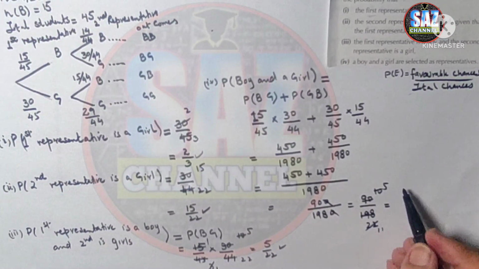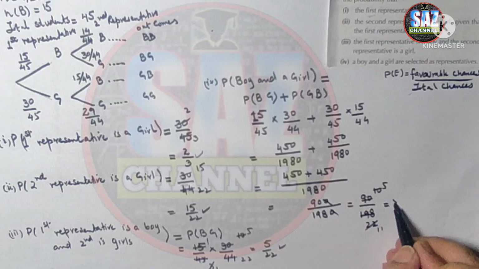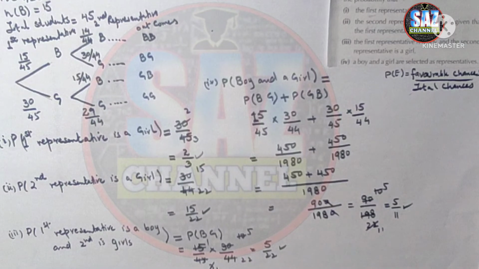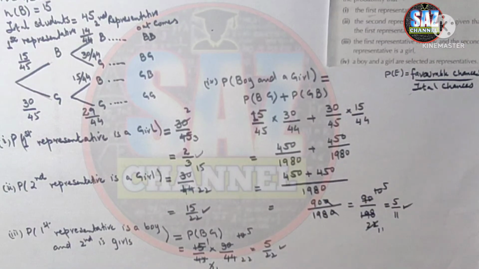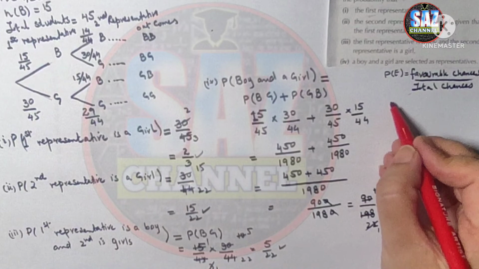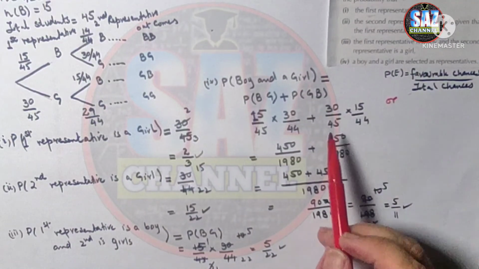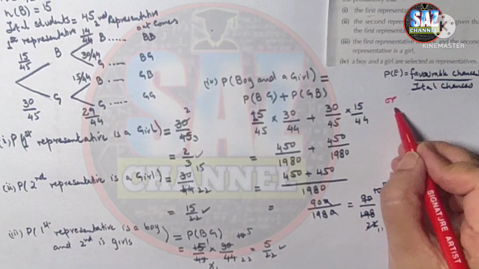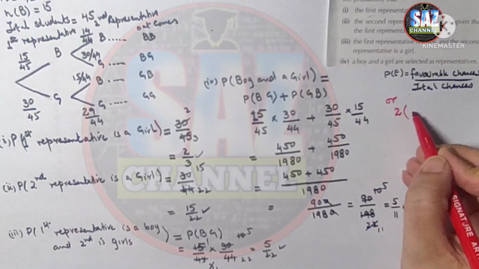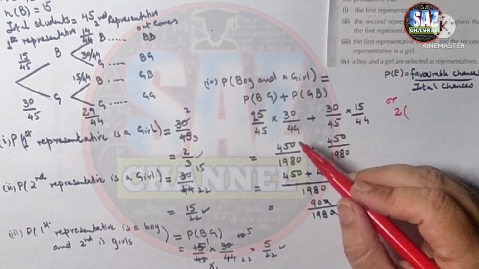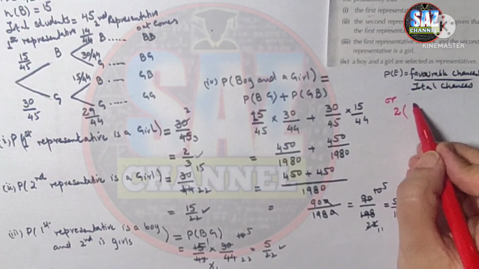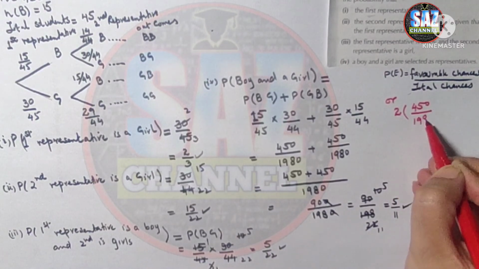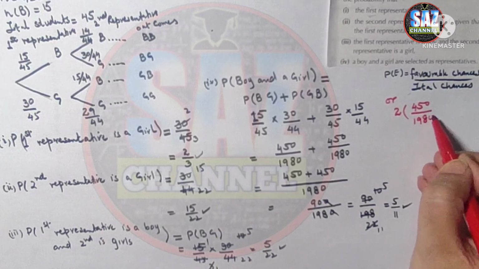There are 5 by 11 chances for picking a boy and girl in any order. Some of the students can do this question in this way, and some may perform the working in this way. As both are the same fractions, they can do 2 times 15 multiplied by 30 is 450 by 1980, 2 times.